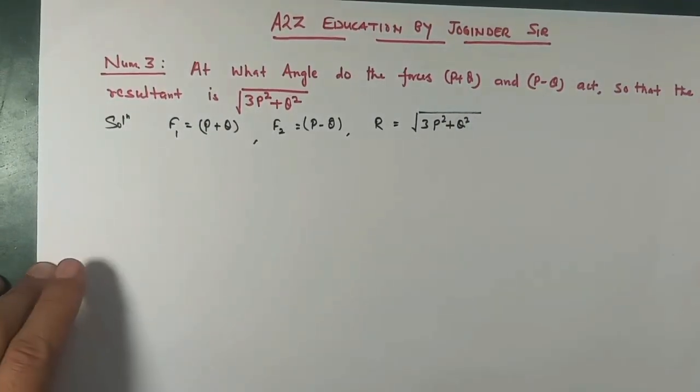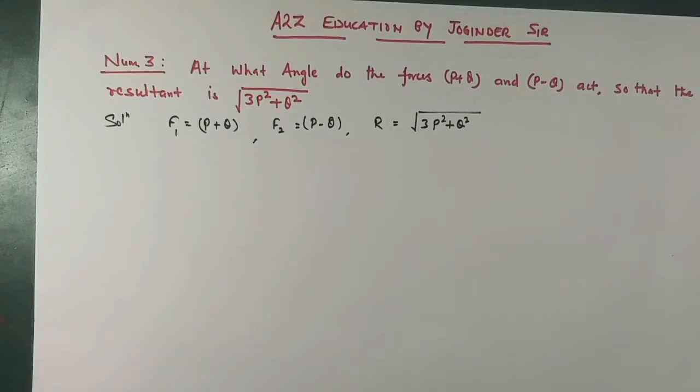Clear? So these are the conditions which we have to apply. F1 is P plus Q, F2 is P minus Q, and the resultant is root of 3P square plus Q square.